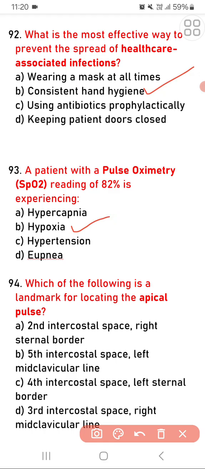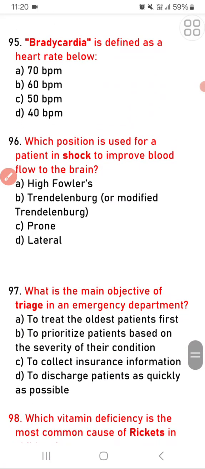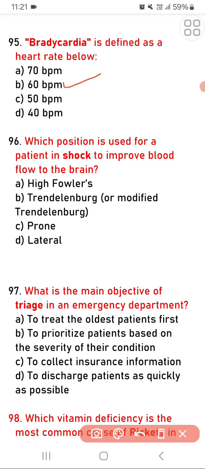Which of the following is a landmark for locating the apical pulse? Fifth intercostal space, left mid-clavicular line. Bradycardia is defined as a heart rate below 60 beats per minute.